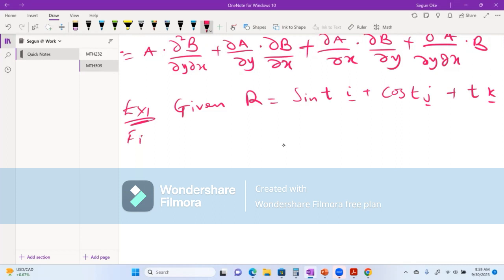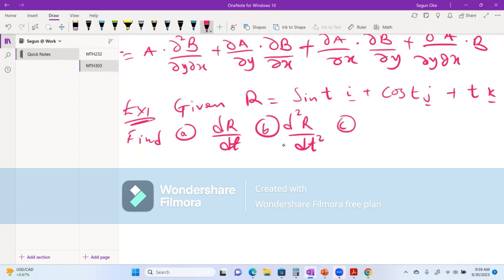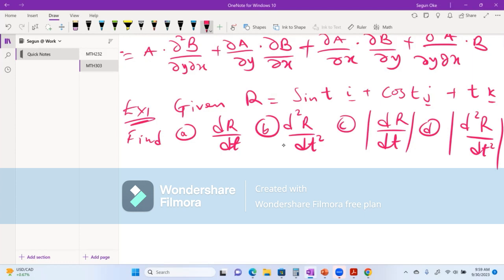They now said find A, the R, the t, B, the square R, the t squared, C, the magnitude of the R, the t, D, the magnitude of the square R, the t squared. You can see the difference. So, are we there, please? Yes, sir. Okay, go.